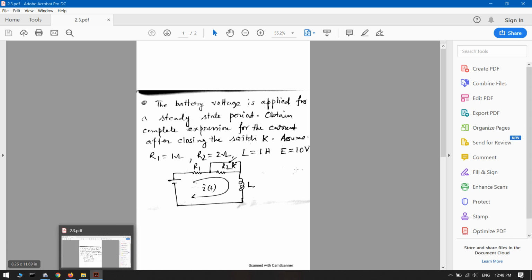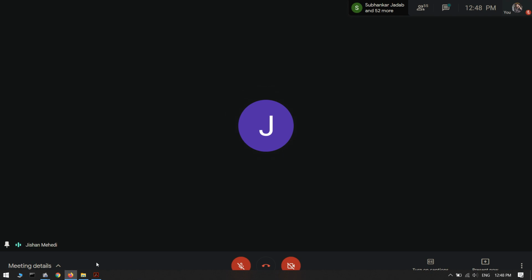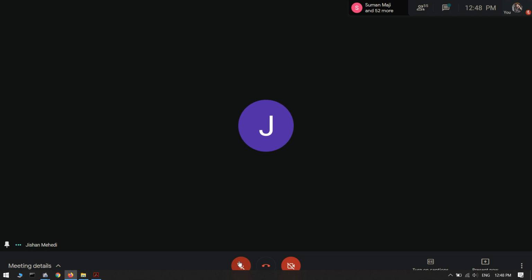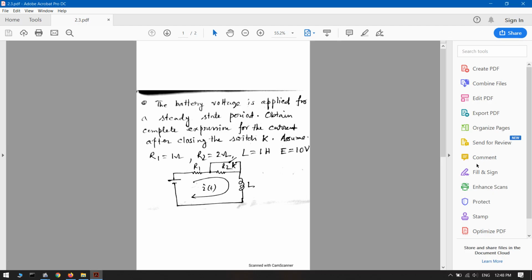The battery voltage is applied for a steady state period. And in that circuit, battery voltage means E equal to 10 volt. Obtain complete expression for the current after closing the switch K.